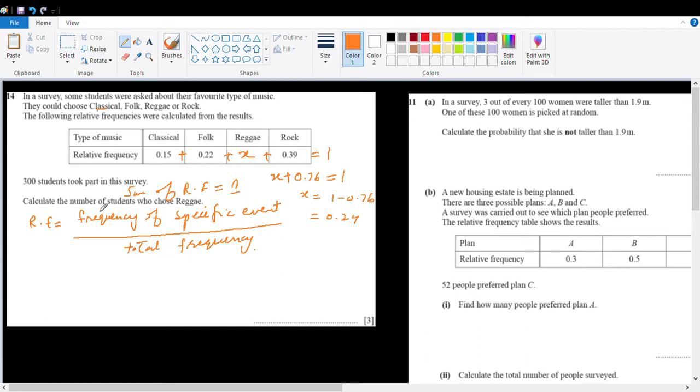Now we are supposed to calculate, given that 300 students took part, so the total is 300, the number of students who chose reggae. So this is the frequency of the specific event we are supposed to find out, and the relative frequency for this is 0.24, which we have found.